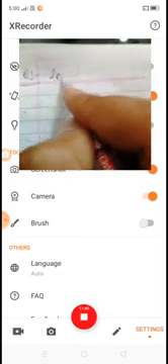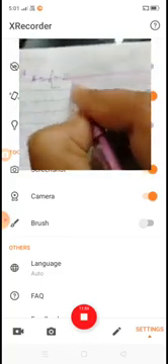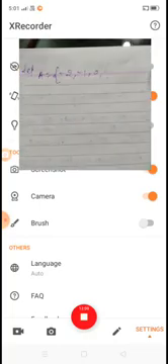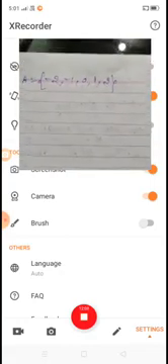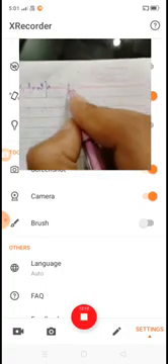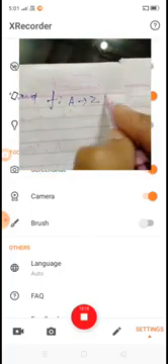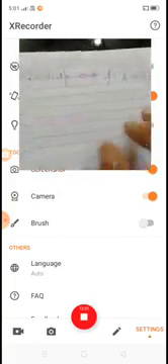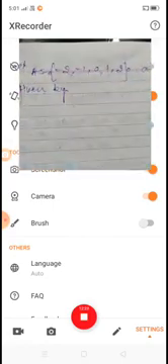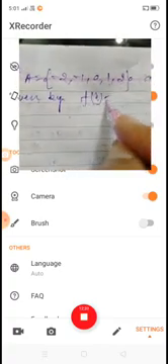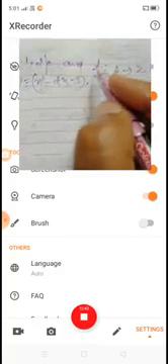Let a set A be equal to -2, -1, 0, 1, 2, and let f be a function from A to Z given by f of x is equal to x square minus 2x minus 3. Find the range of f.